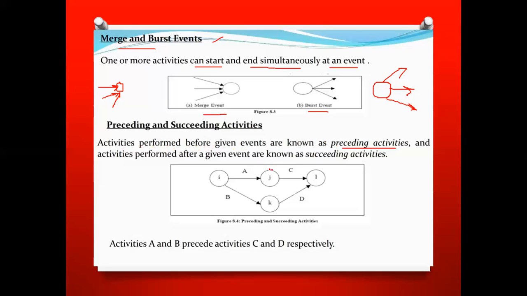If this is an activity, if this is an event, దీనికి ముందు arrow is nothing but a preceding activity, and the activities performed after a given event are known as succeeding activities. See here, I, J, K, L.